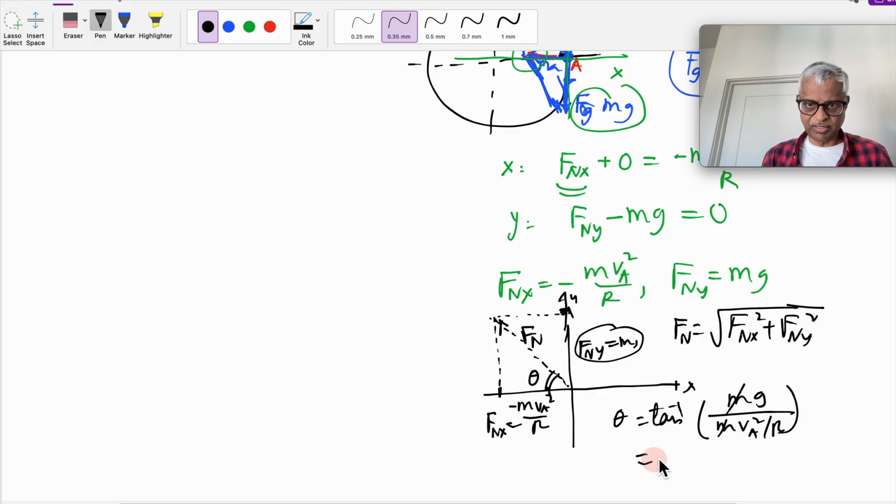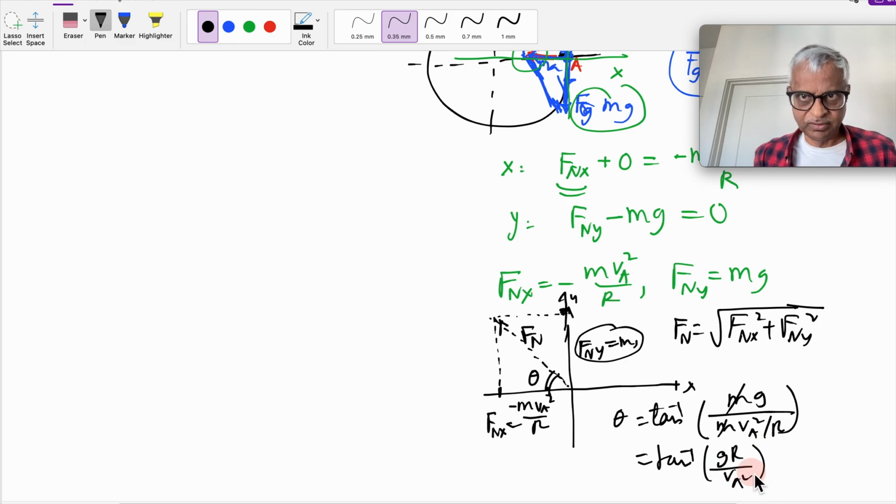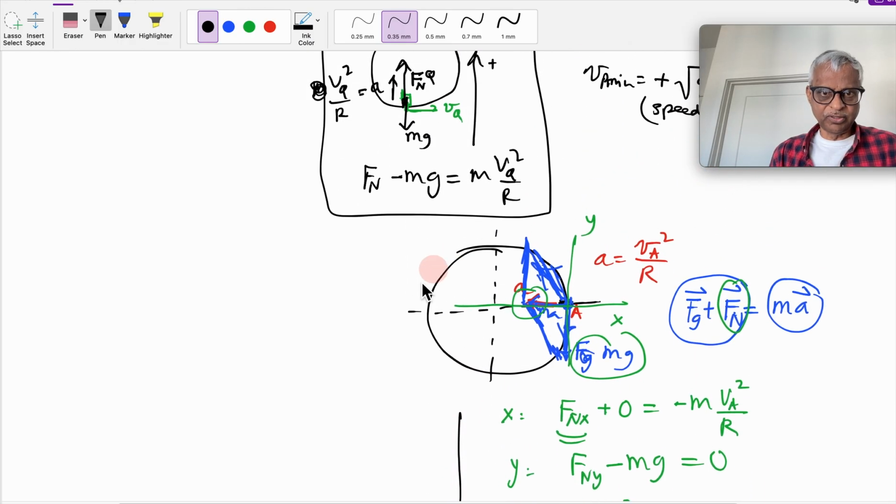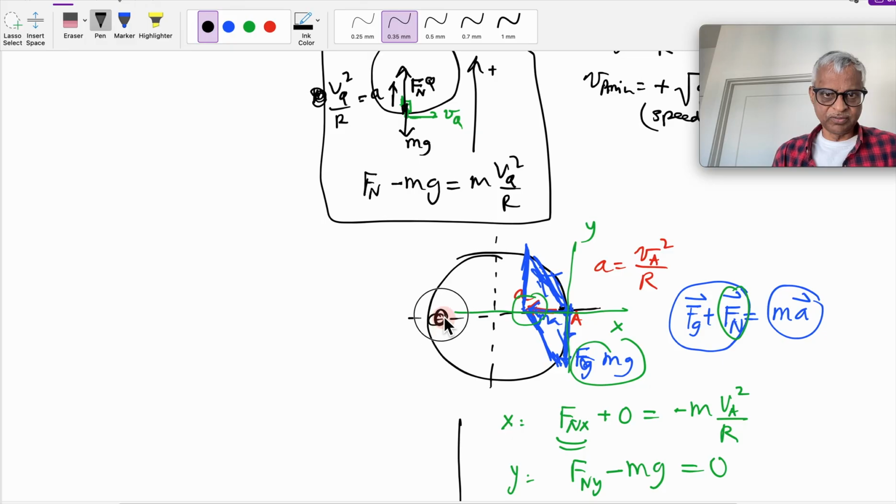So this is going to be arctangent of gr over va squared.